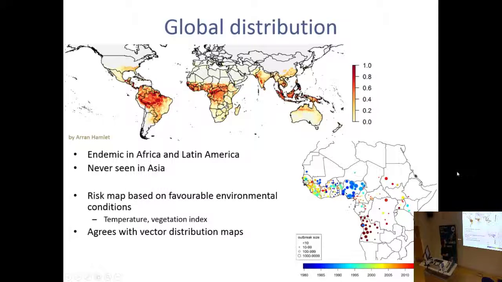This global risk map pretty much agrees with the distribution maps of vector species that transmit yellow fever, which is quite nice. The one thing that's quite worrying here is the high risk in Asia. There are really large populations that live there, and we don't understand why yellow fever hasn't been seen there.